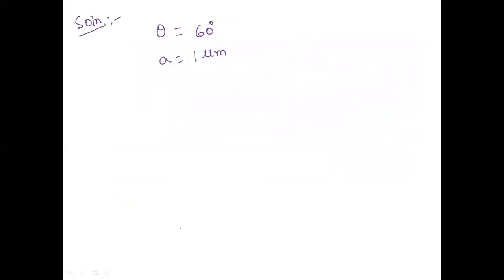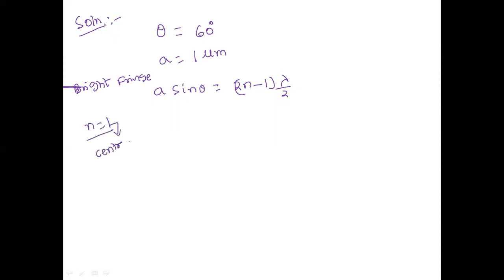So, since we know that A sine theta, since it is maximum now, for maximum it is 2n minus 1 into lambda by 2, or we can say bright fringe. So n equal to 1 belongs to the central fringe.